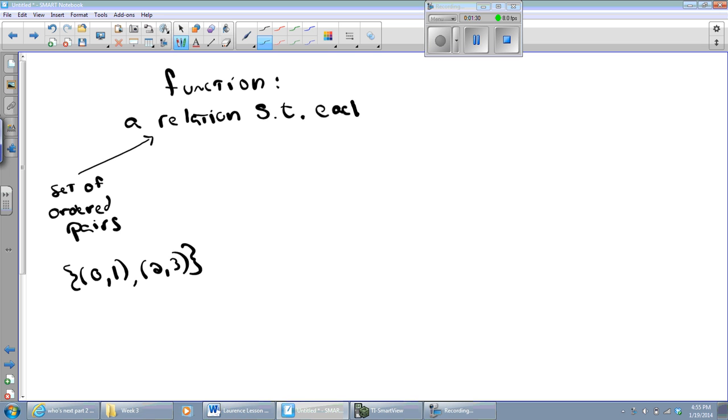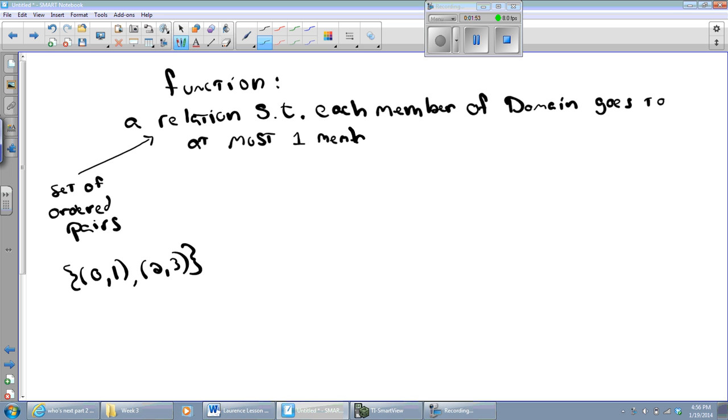each member of the domain, in other words, input, goes to at most one member of the range.